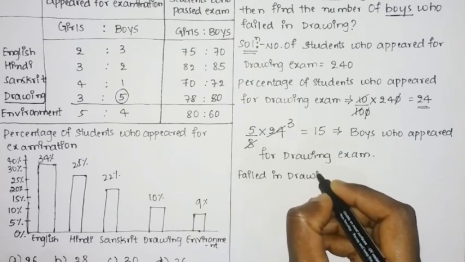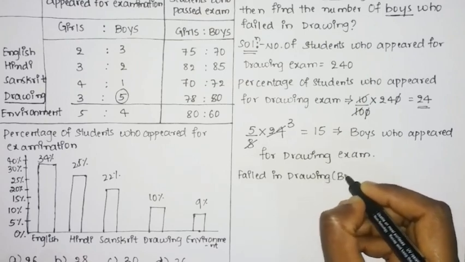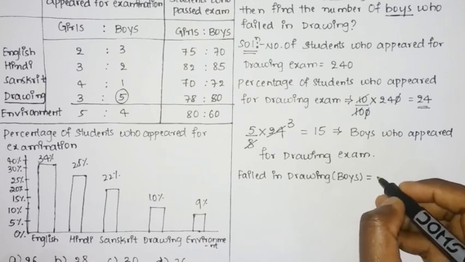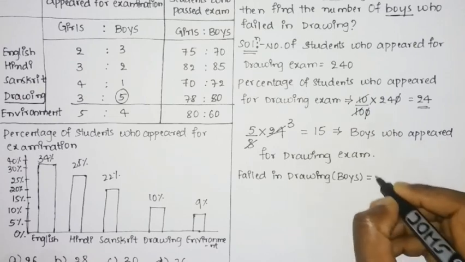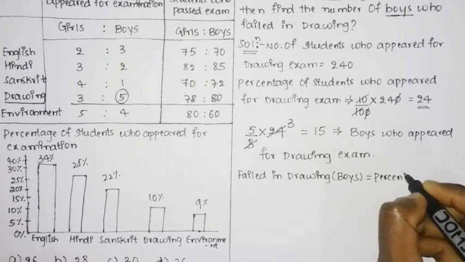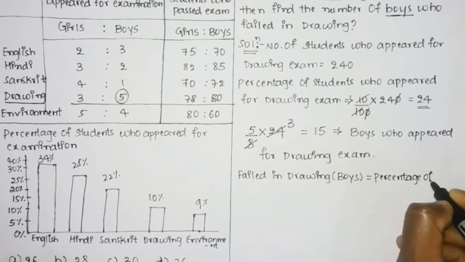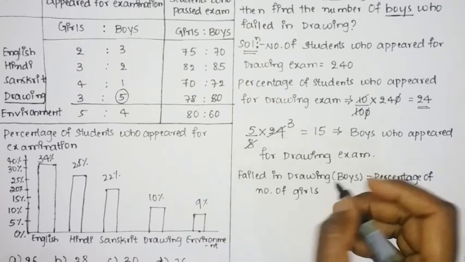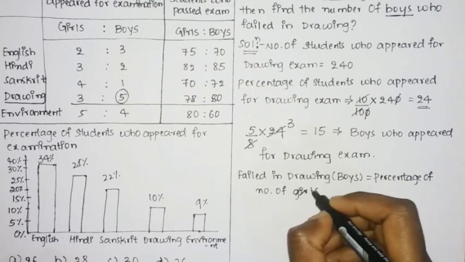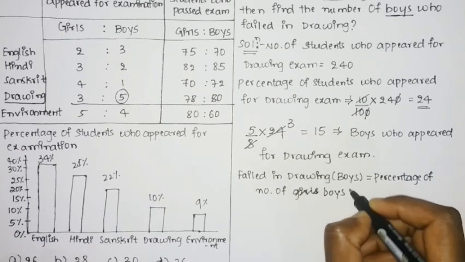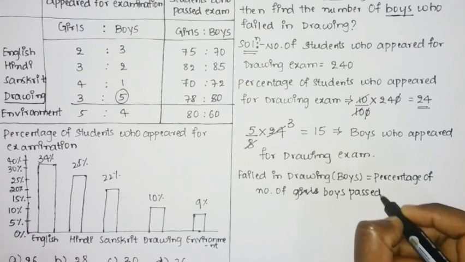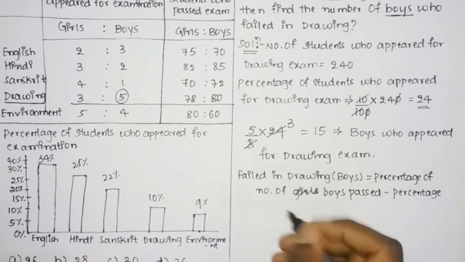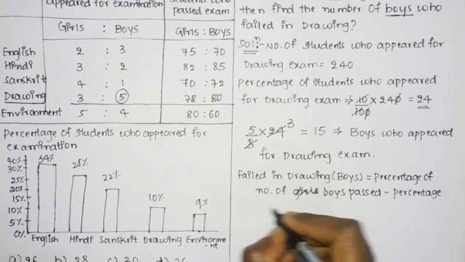This can be calculated as the percentage of boys passed minus the percentage of girls passed, because they have already given the percentage of boys as well as girls.